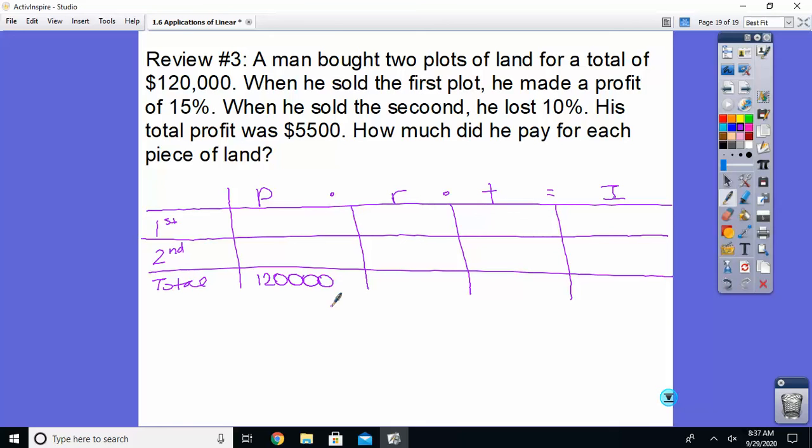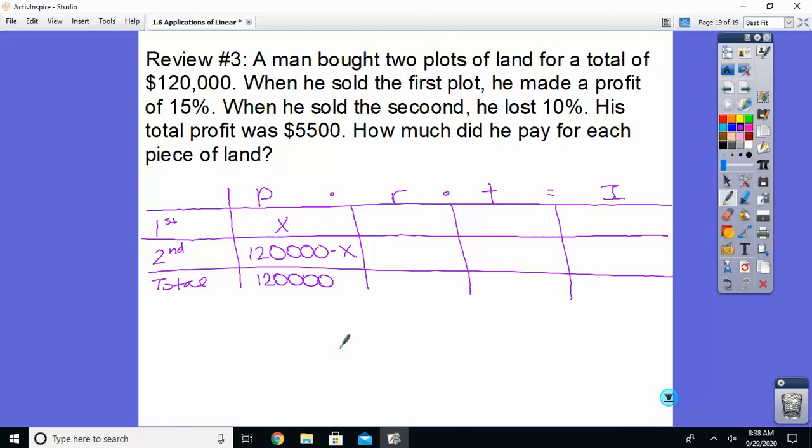No, the question is how much did he pay for each? So one of those has to be x. Then what would the other one be? Do you do x minus 120 or 120,000 minus x? You have to do the total minus x because we don't want to get a negative number.